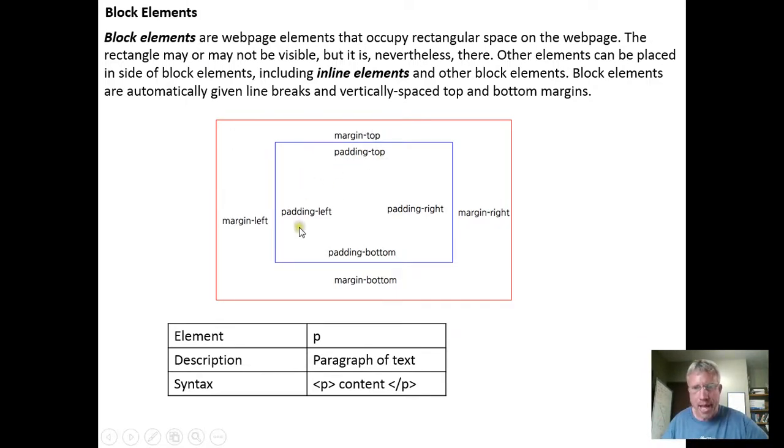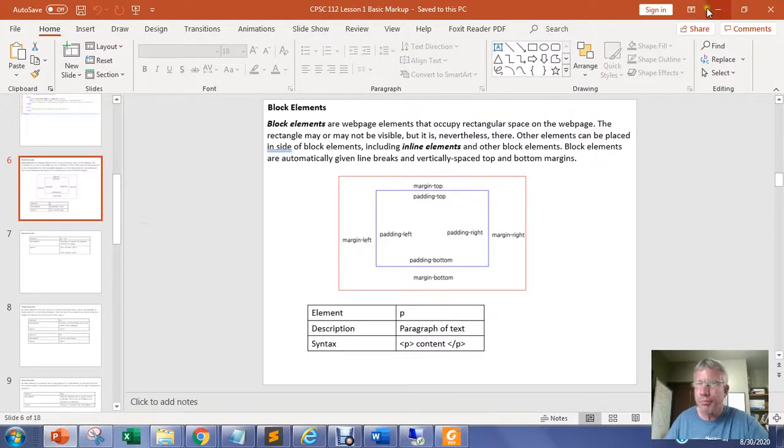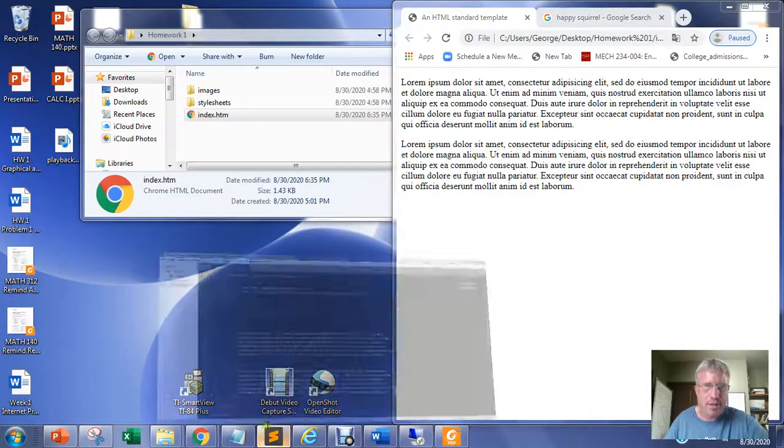And then you have padding, and padding is the space between the inside of the element and whatever else is inside of it. So anything inside of a block level element, there will be padding between it and the rectangle, and there will be margin that you can define on the outside of that rectangle. So a block level element is what a paragraph tag is.